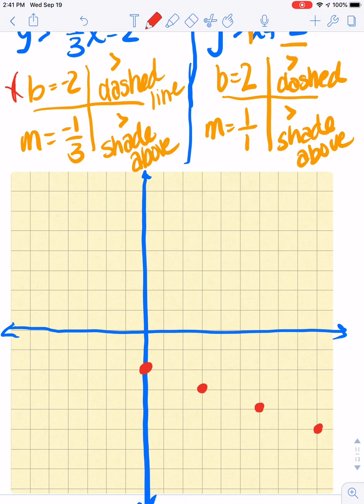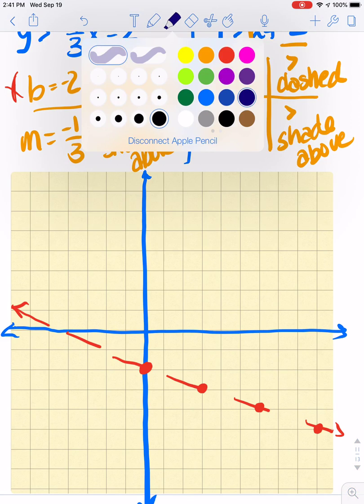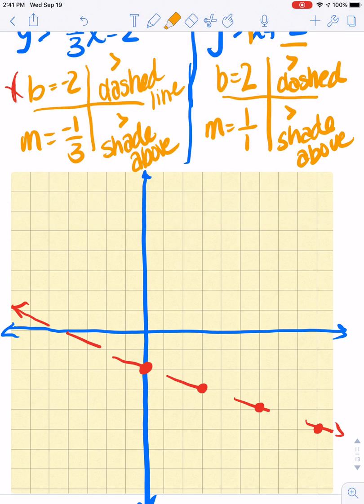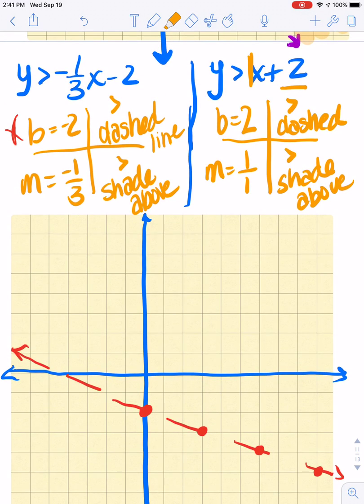Let's see how good I can do to get a dashed line going here. So there's my dashed line. Now remember, we talked about when we go to outline, we start with our lighter color first. So we know we're going to shade above.